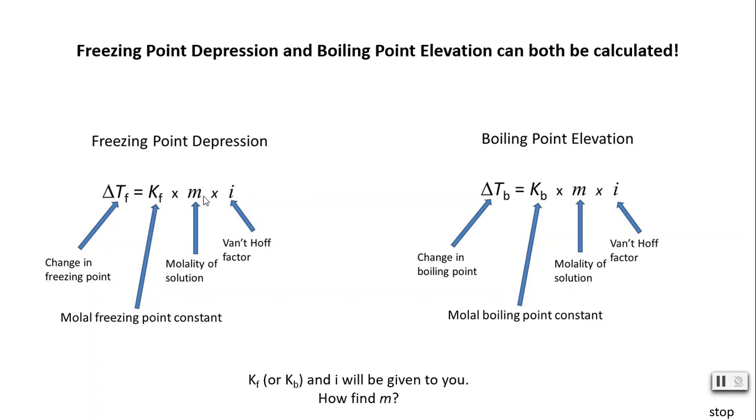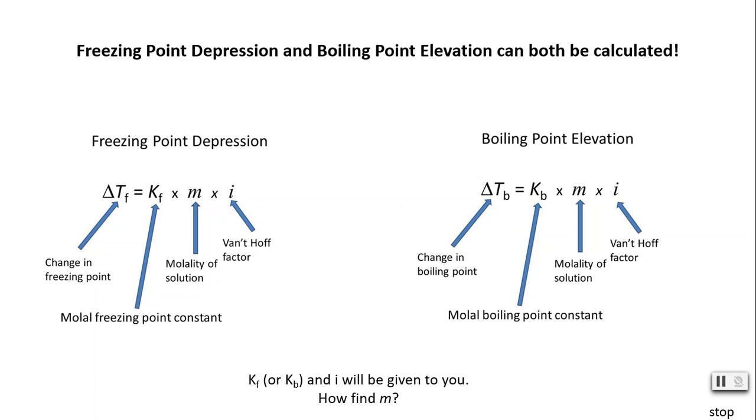The third part of the freezing point depression and the boiling point elevation equations is this m variable that looks kind of italicized. That m stands for not molarity, but molality. There's that word again, moles, that word that chemists love.